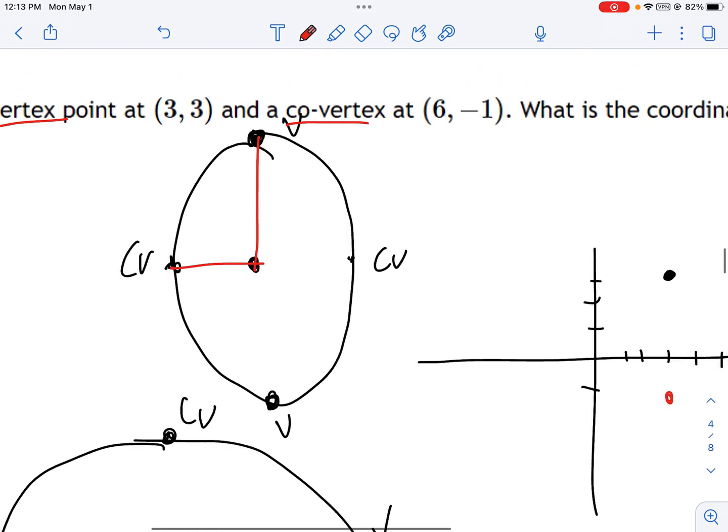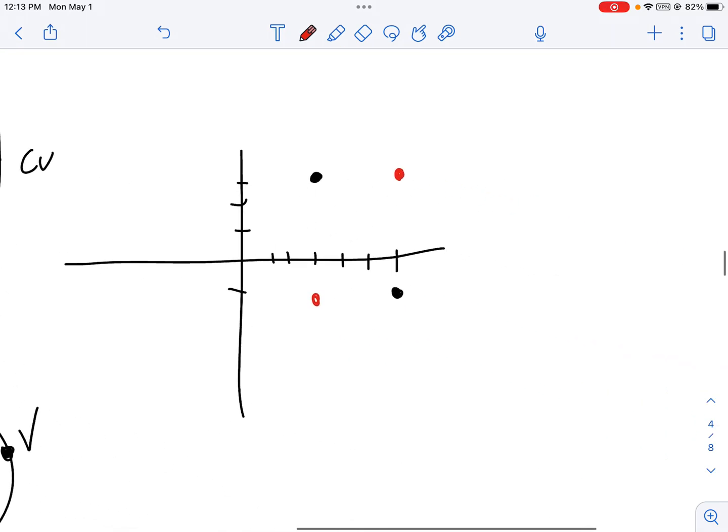Okay, we know that the vertex point is the (3, 3). This is your vertex, this is your covertex, meaning that you see how this distance right here is longer than this distance to your vertex? That violates the definitions, right?